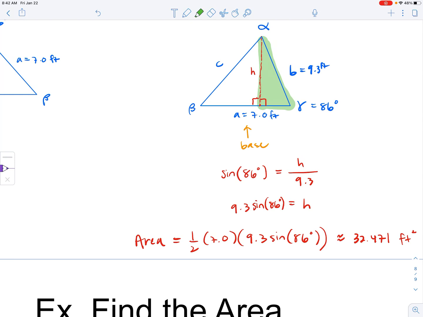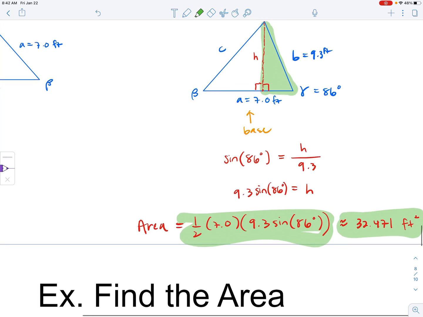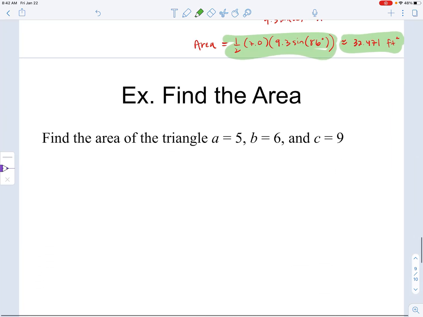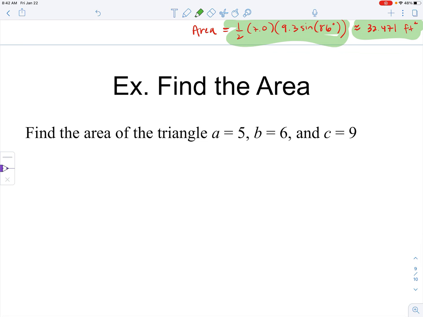Why did I only round? Is that 471 feet squared? Okay, so this would represent the exact value of the area, and then 32.471 feet squared is the approximation.